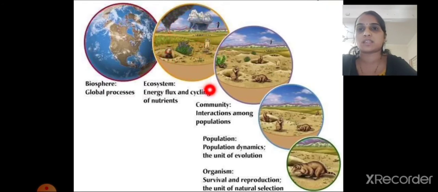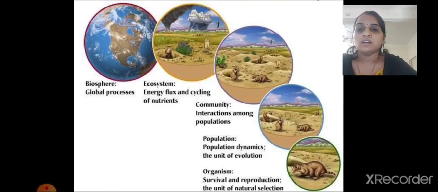Then next is community, the interaction amongst populations, how the living organisms present in the area interact among themselves. Then next is population, the total number of individuals of that particular area.